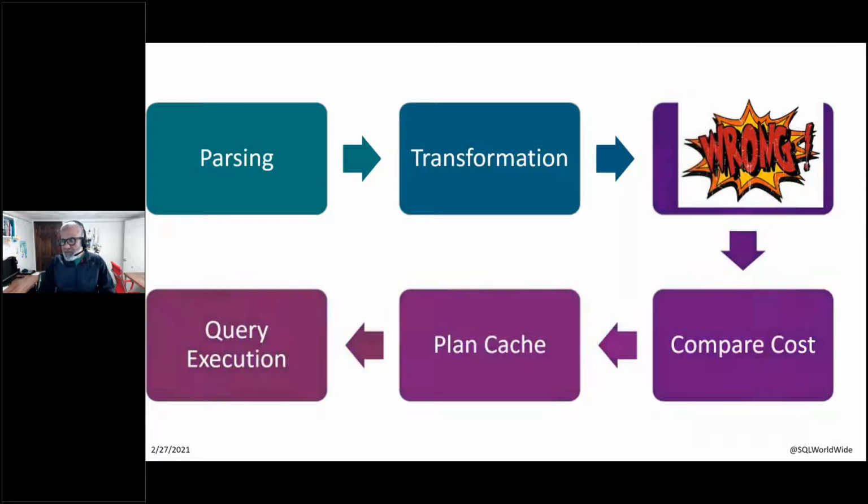Because of that, our concurrency will reduce. We can process fewer queries in a fixed amount of time, and our throughput gets affected.